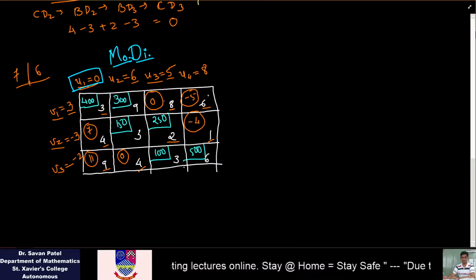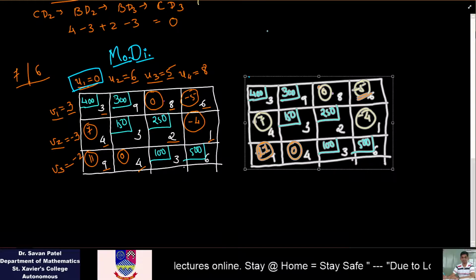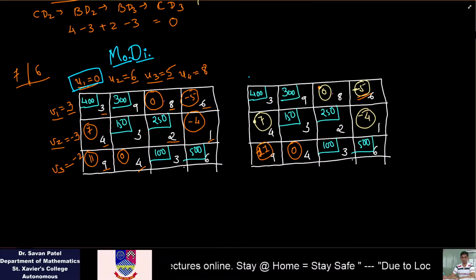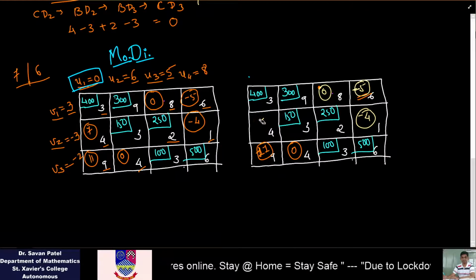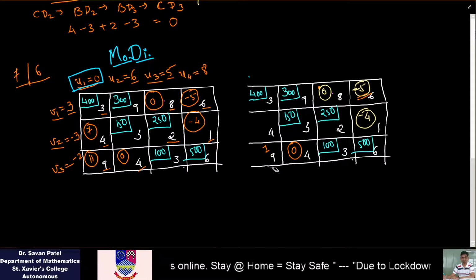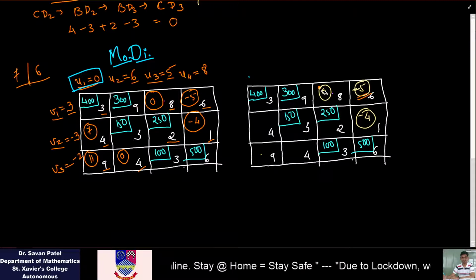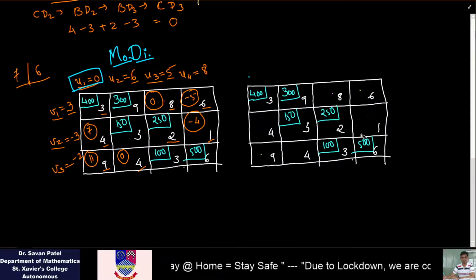Instead of that, if you start with another variable as 0, let me do that also so you can see that the choice of which ui or vj is 0 is independent. So let me take another variable as 0.